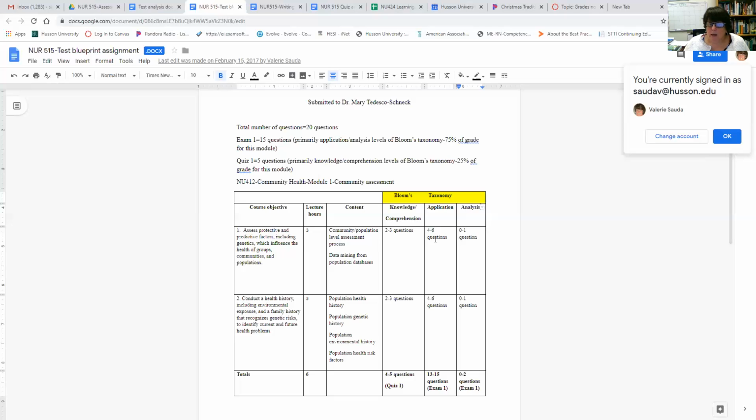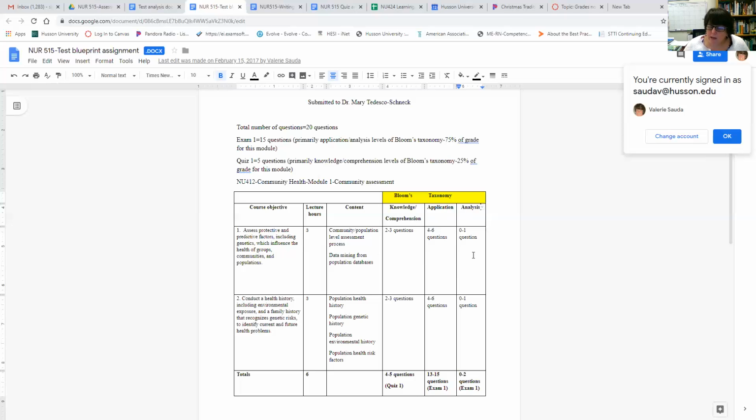So again, I added more content in this area because our goal is to increase application level knowledge and understanding and being able to apply it to clinical situations. So these kinds of questions involve data about a case or information that's more objective or subjective that can lead you to the answer.